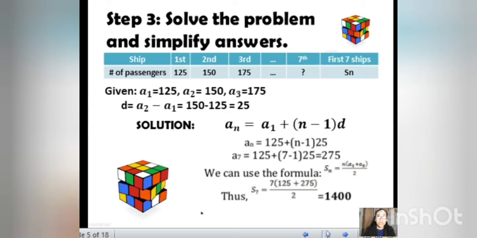Simplifying these numbers will give you 1,400. So the sum of the first 7 ships, the number of passengers in it, will be 1,400.